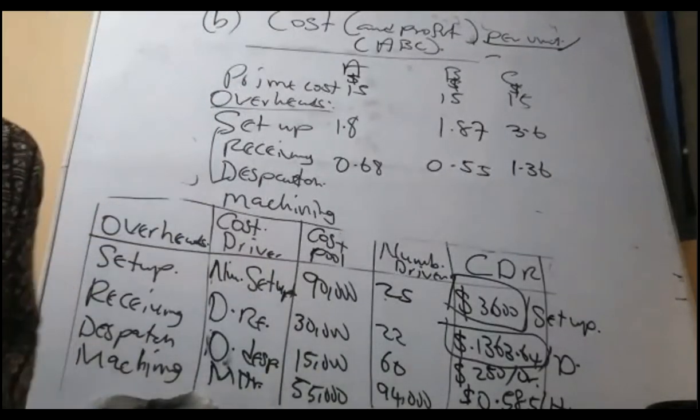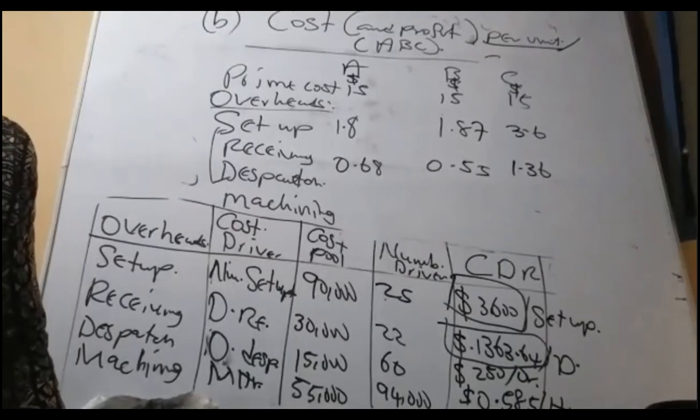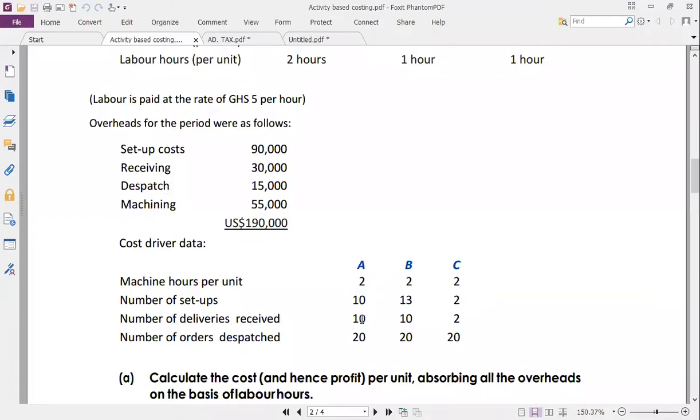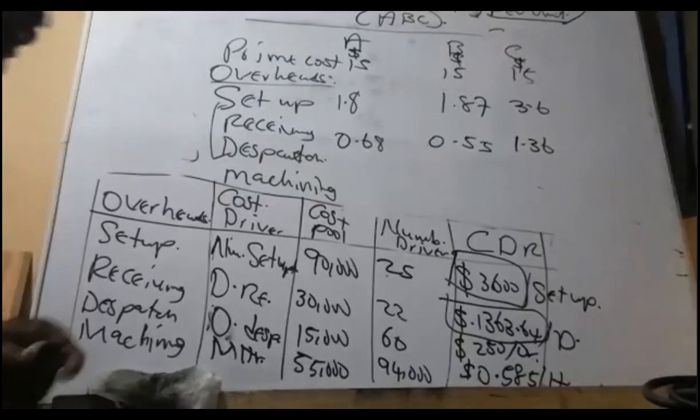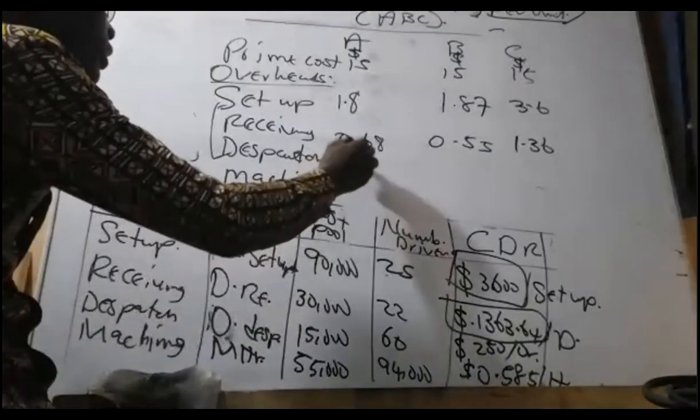So C is 1.36. The same game continues to dispatch. So let's get the dispatch. We will pick 20 by 250 divided by 20,000. And that will give us 0.25. Great. You get something like 0.25.